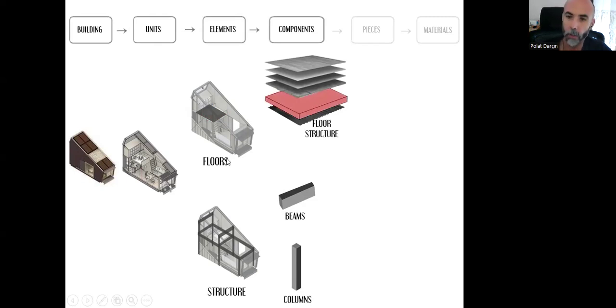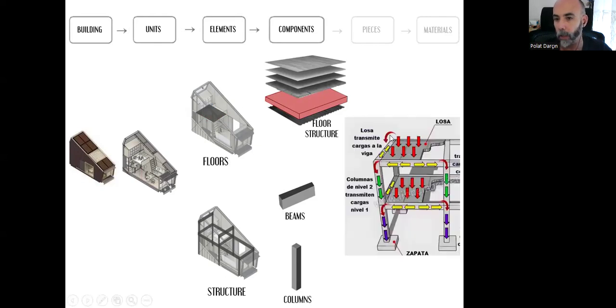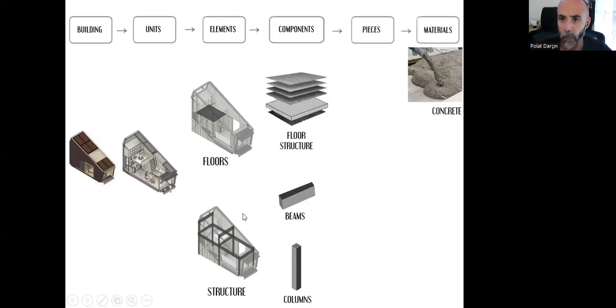It's the floor structure, one of the components of this element. And the first loads are applied on this floor structure, so it needs to be integrated with the beams and the columns, the structural system of the building, so that it will transfer its loads to the beams, and beams can transfer their loads to the columns like that.